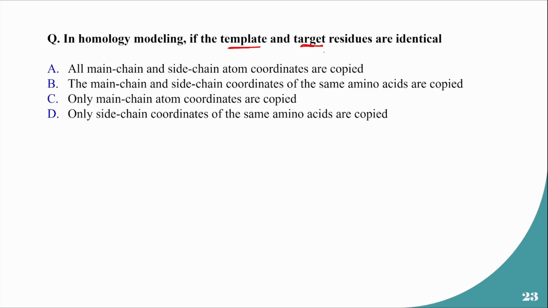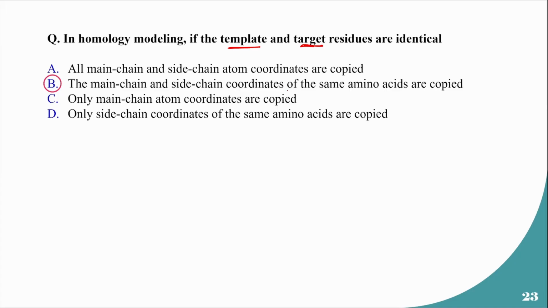So in the alignment, there is no mismatch in that position, there is no gap in that position, but the exact residue is present in both cases, right? So in that sense, you can copy the main chain and side chain atoms for the same amino acid residues.